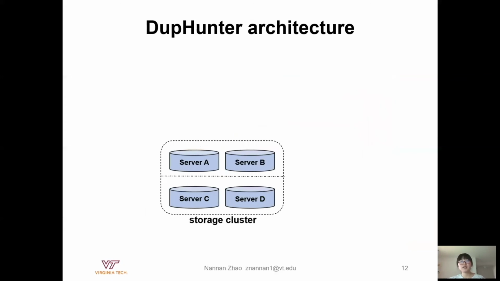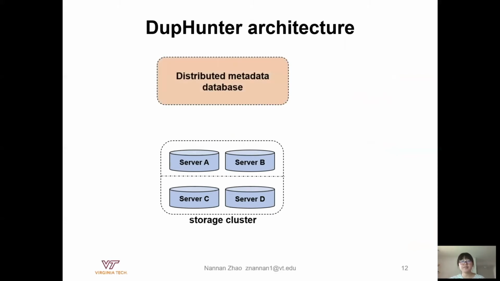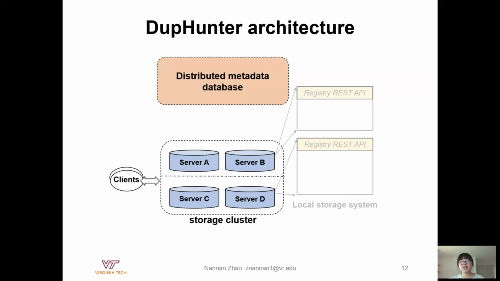The main components of DupHunter are a cluster of storage servers and a distributed metadata database. The Docker client can communicate with the DupHunter server using the registry API to upload and download layers. Each server in the cluster contains a backend storage system which stores layers and performs dedup.